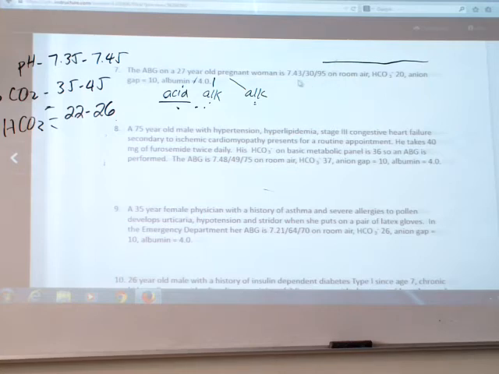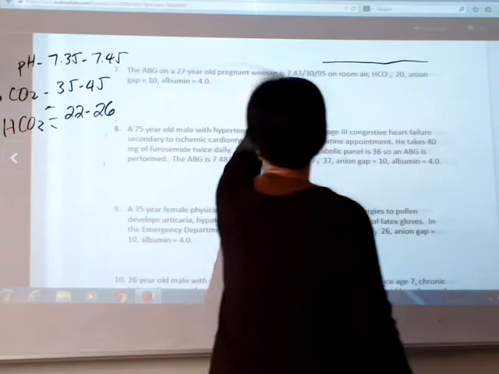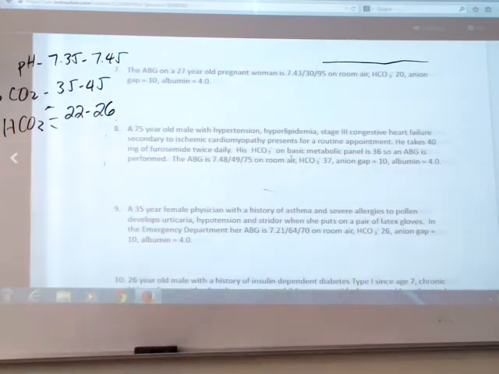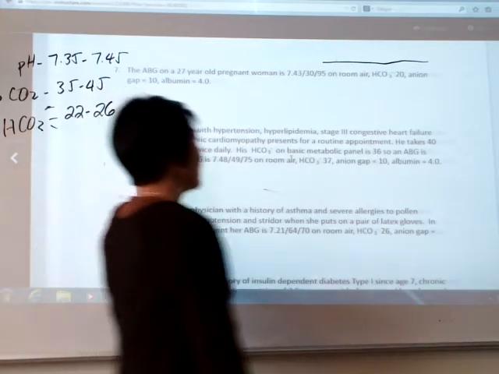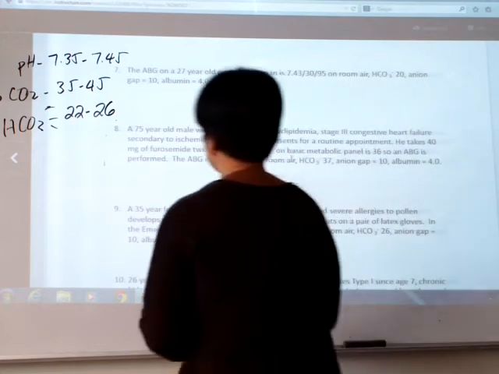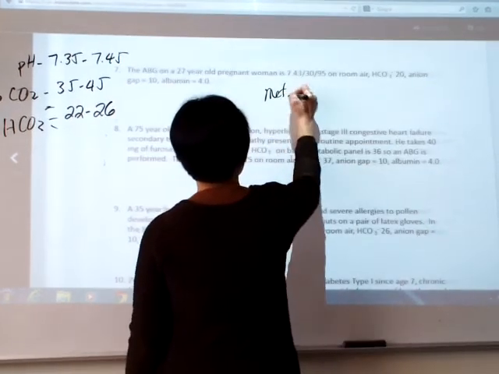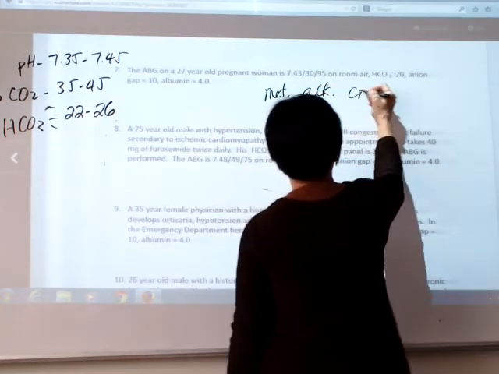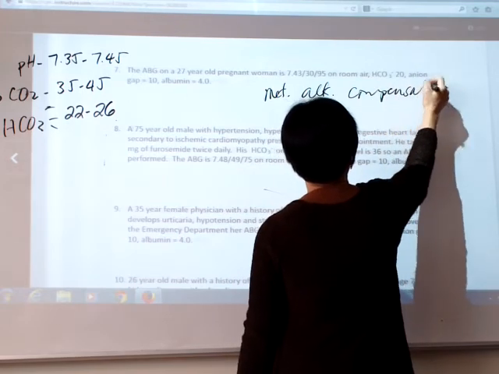A pregnant woman. This one is low and that one is high. So it's metabolic alkalosis, compensated. Very good. Or you can write combined. Hold on. The pH is 7.43.